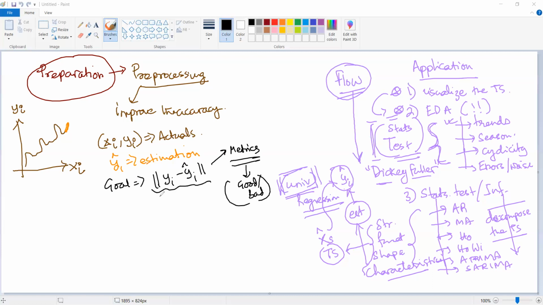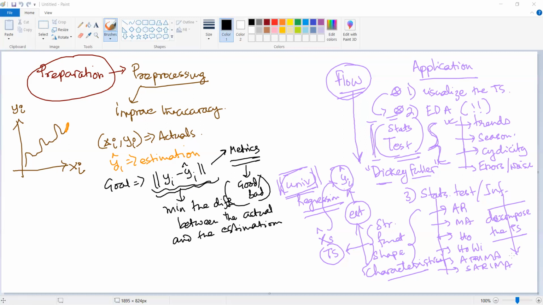But my final goal, as you can clearly understand, is going to be something like this. I have to minimize the difference between the actual value, which comes from the history, and the estimations. This is exactly what I need to do.